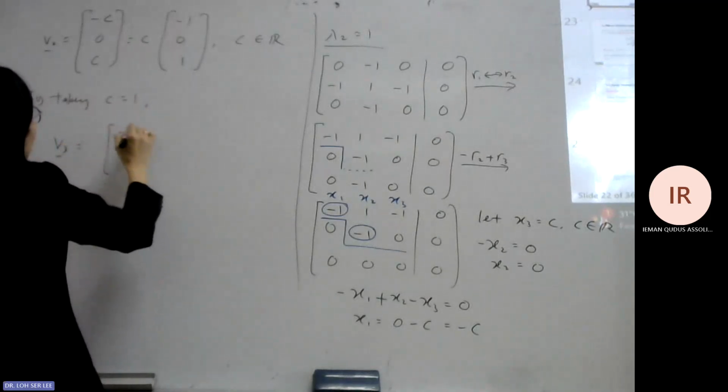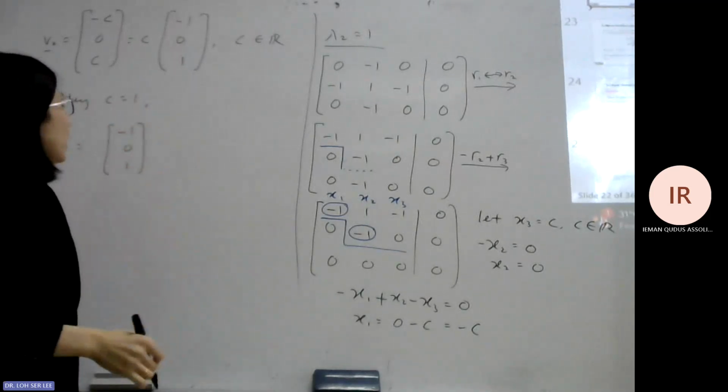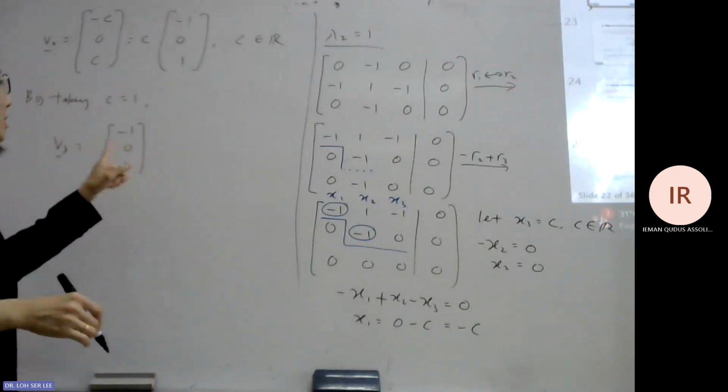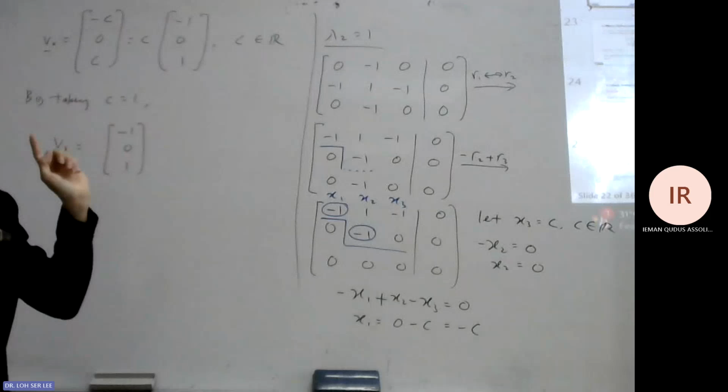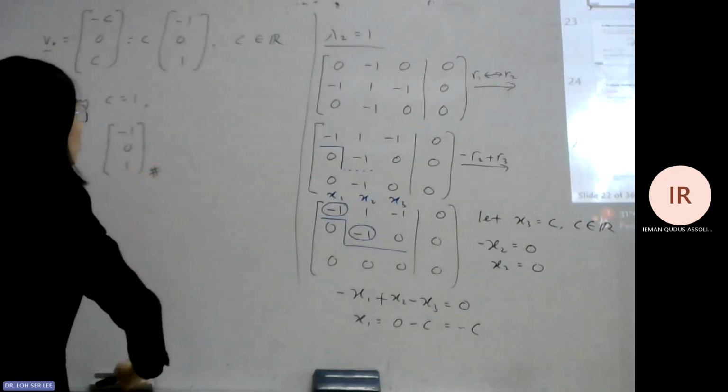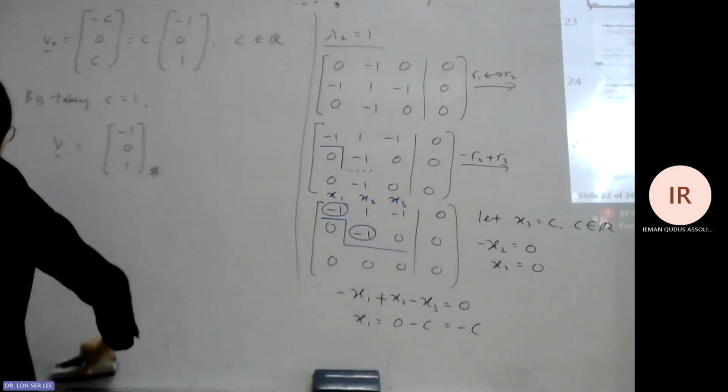So when c is 1, we don't have to divide all the entries by anything because the largest magnitude is 1. So this is v2.